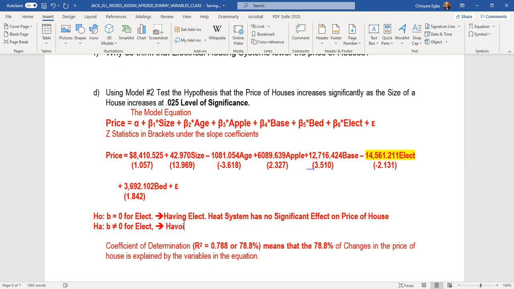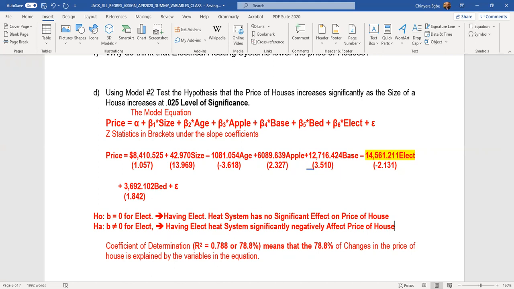That is, having an electrical heating system significantly negatively affects the price of a house.